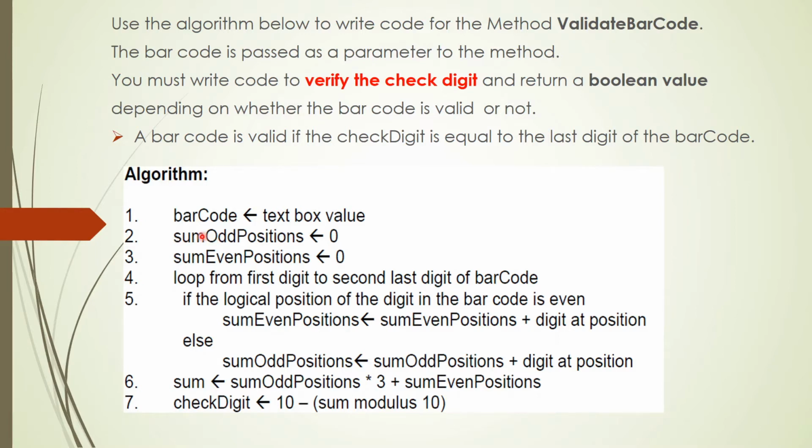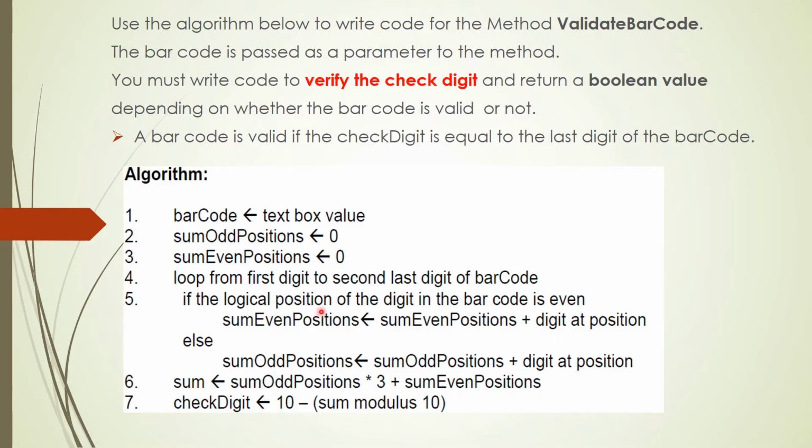You're going to create a variable called SumOddPositions, and the variable will be initialized to 0, and SumEvenPositions, which will also be initialized to 0. You're going to run a loop from the first digit of the barcode to the second last digit of the barcode.